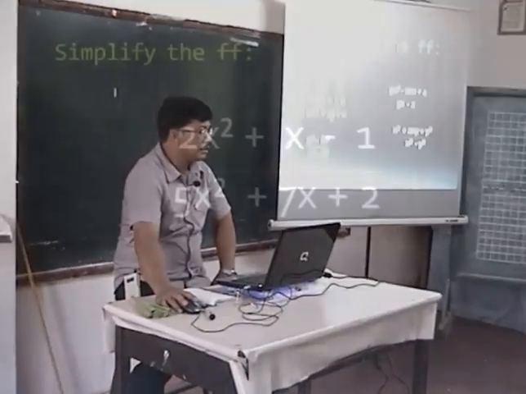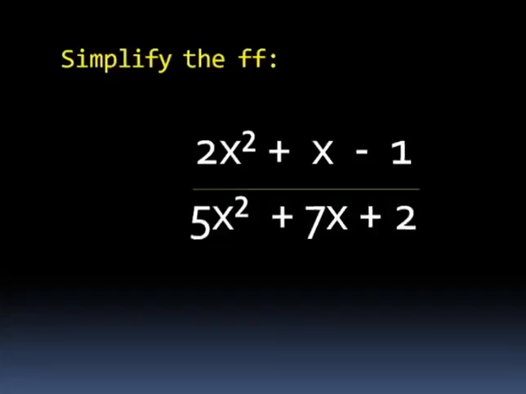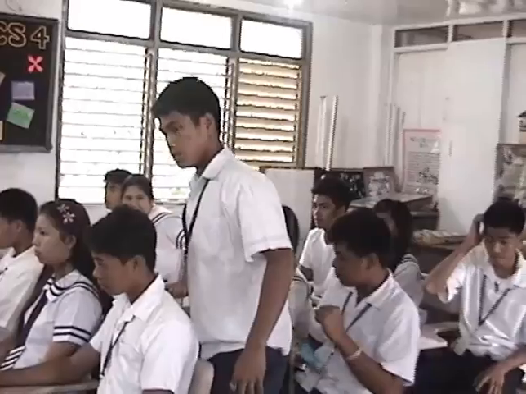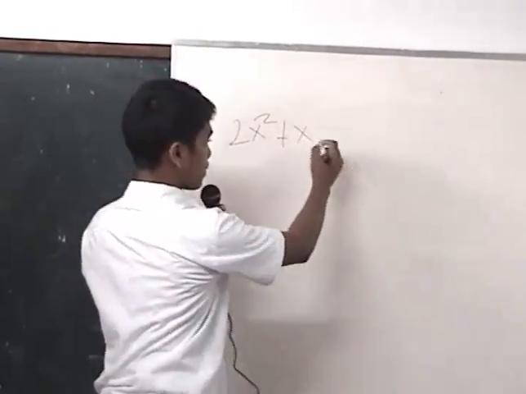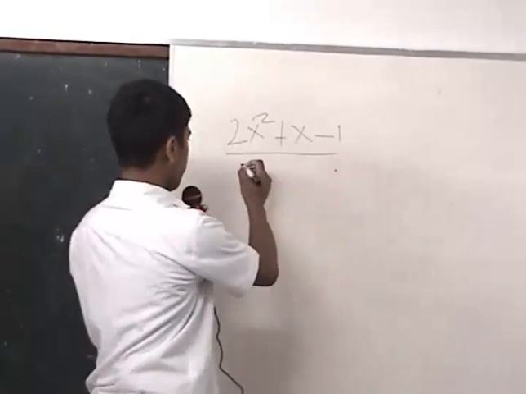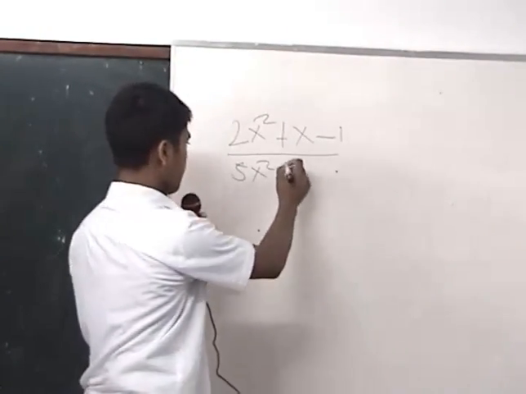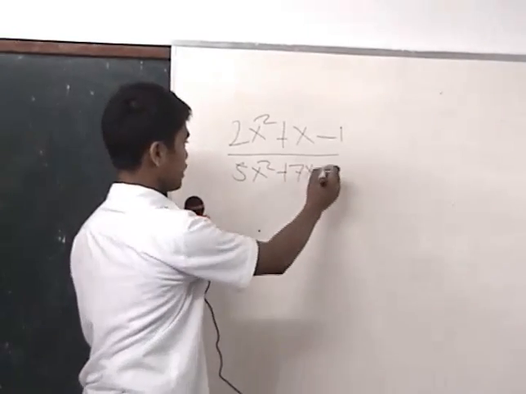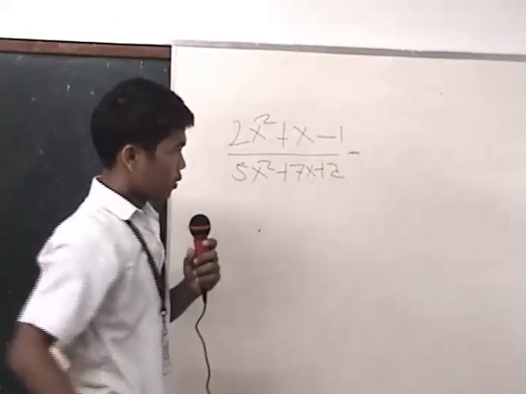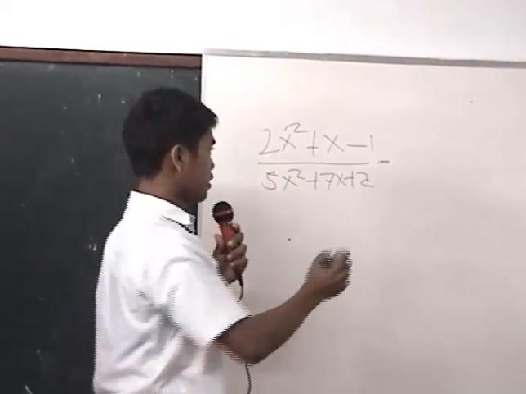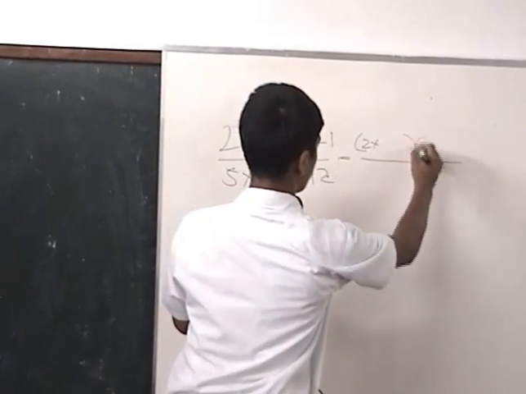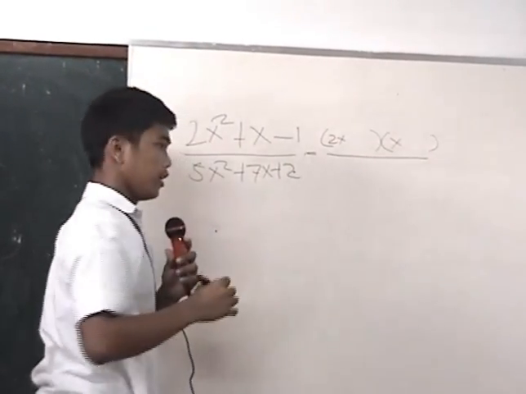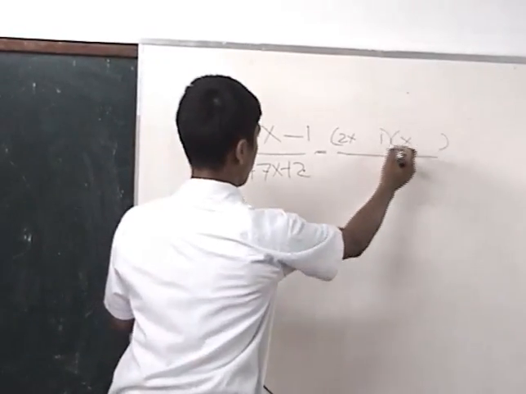Who can now try number 2? Yes, Mr. Willie? 2x squared plus x minus 1 over 5x squared plus 7x plus 2. First, we find the factors of the numerator. In this, the 2x, then x. Then the last term, which is 1 and 1.